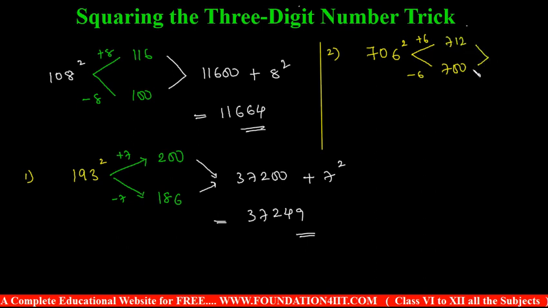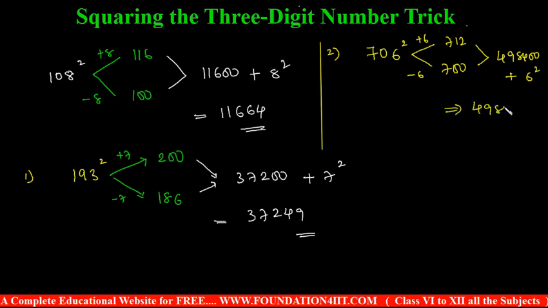This multiplication is simple, 712 into 7. So 700 into 7 plus 10 into 7 plus 2 into 7, as we practiced previously, is 4984. Keep two zeros and add 6 squared, which is 36.